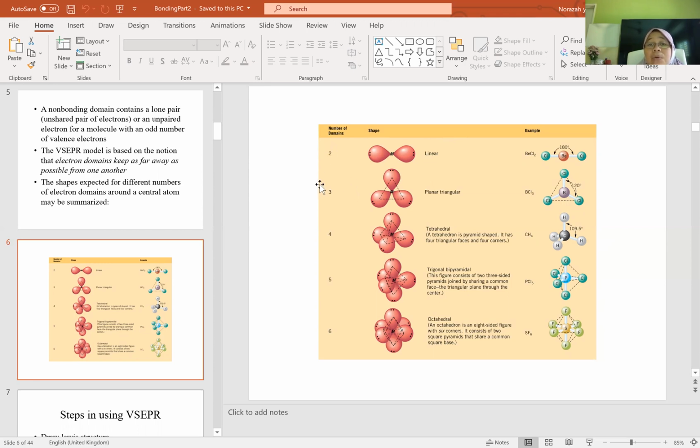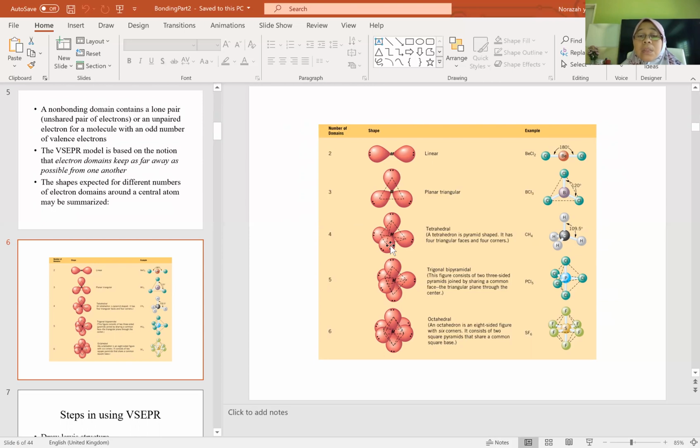Let's say the number of electron domains is 3, then the electronic structure is planar triangular, and so on. So you have to study this table. The question usually asked is, if you're given a certain compound, you have to identify the electronic structure and the molecular structure, which is different.